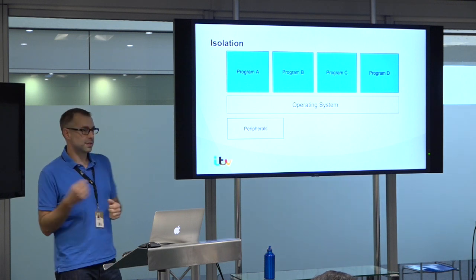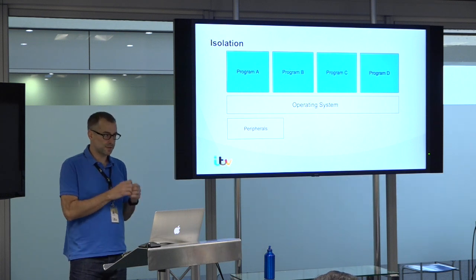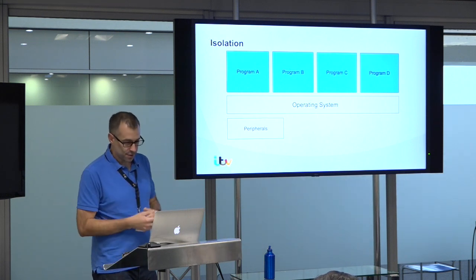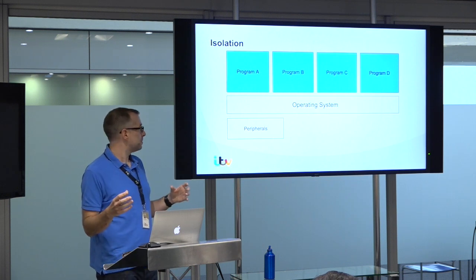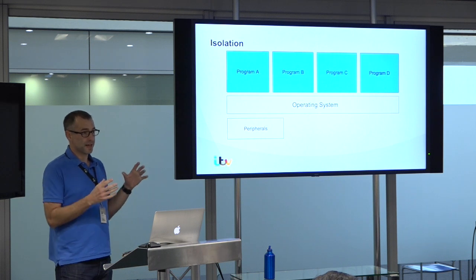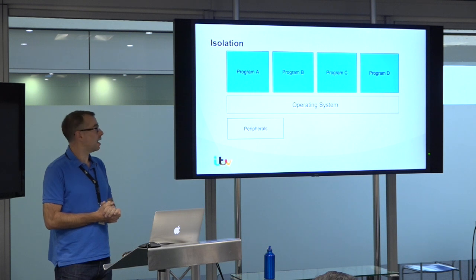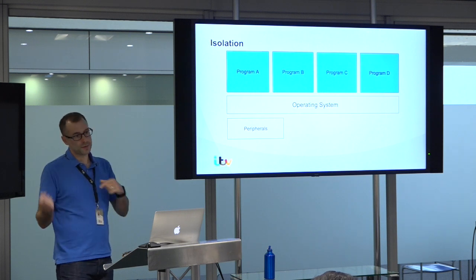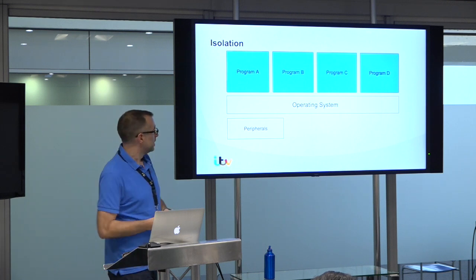You don't want one program writing to the printer in the middle of you printing your document, because it will just end up in a mess. So you need to put in these abstractions, which basically bundle up the units of work to these peripherals into small transactions, and then make sure you guarantee the isolation, so only one process can do it at a time. So then you need to add in locks and queues and things like that, which will take time.